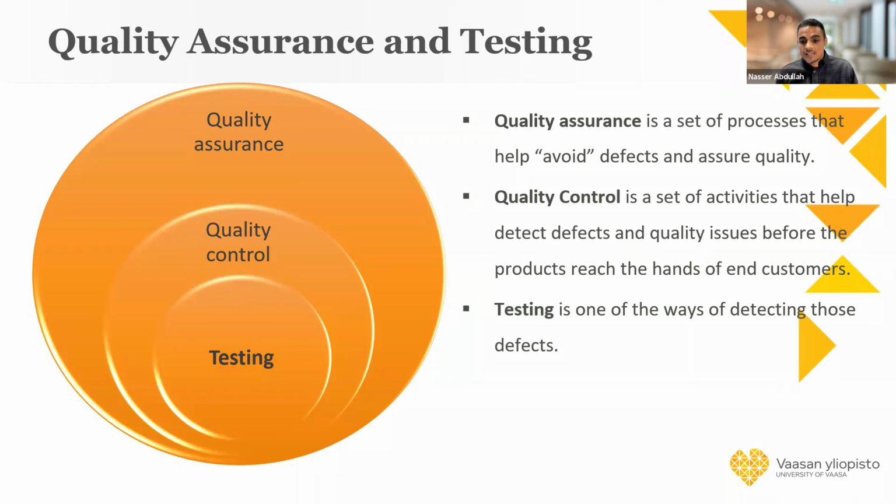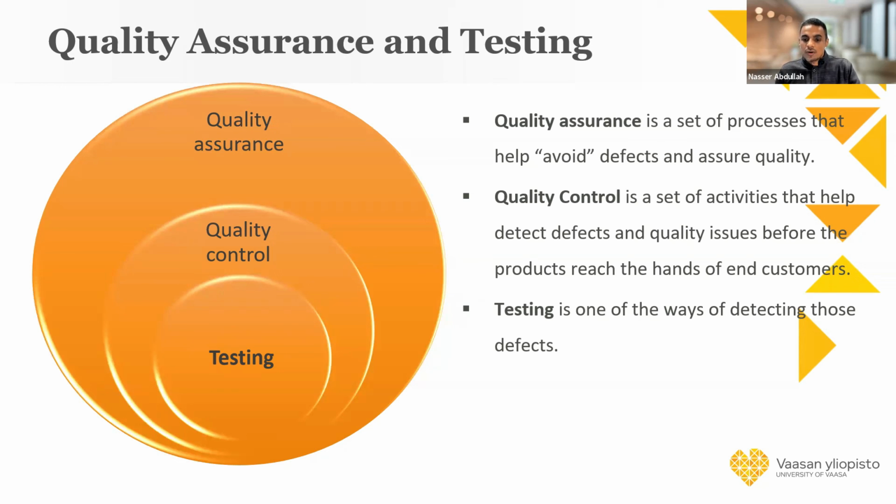Under this, one of these activities is testing. Okay, guys, we say now we have a big umbrella, which is the quality assurance. This is just a process to avoid any defects. So how can we implement that? By doing some activities, and these activities we call the quality controls.